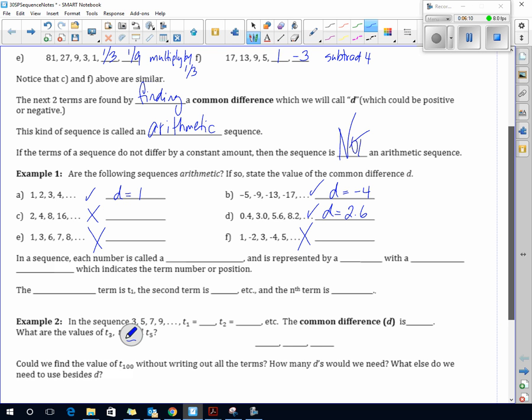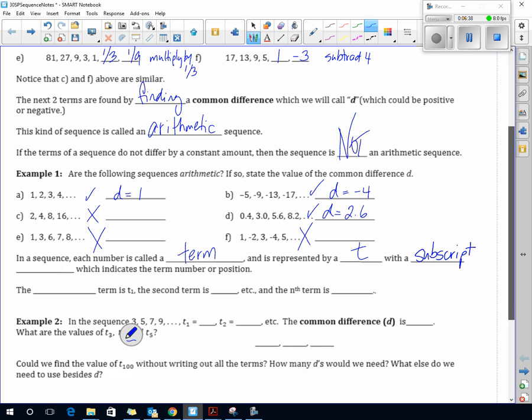Okay, in a sequence, each number is called a term and is represented by a T with a subscript, which indicates the term number. So the first term would be considered T subscript 1.